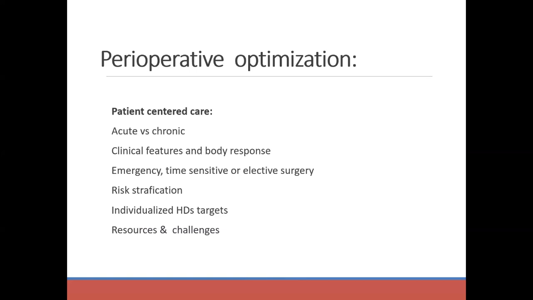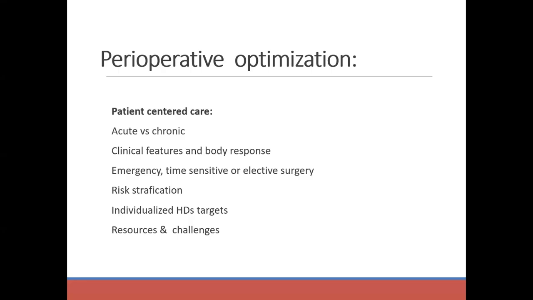So I want to highlight here two concepts. These kinds of complex patients, you cannot provide with a physician-centered approach. You need to provide them with a patient-centered approach. You first need to identify which stage of their disease these patients are in. You need to pick them up individually and do a detailed assessment.